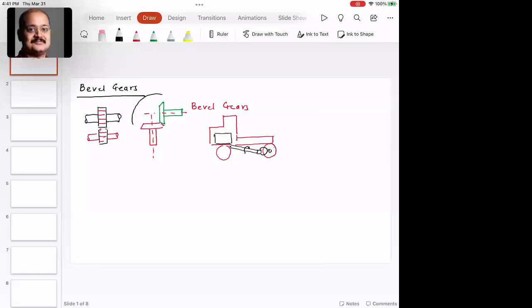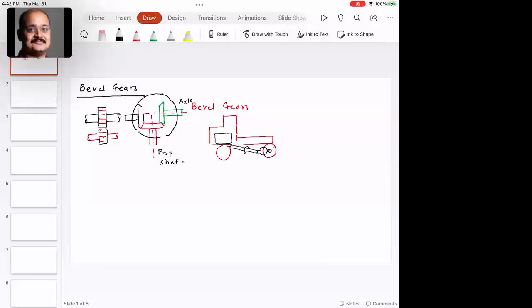So you have the prop shaft, and that is connected to the axle. And usually there will be two gears, something like this. So the axle on the left and the axle on the right, and you have a prop shaft that is rotating both these gears.